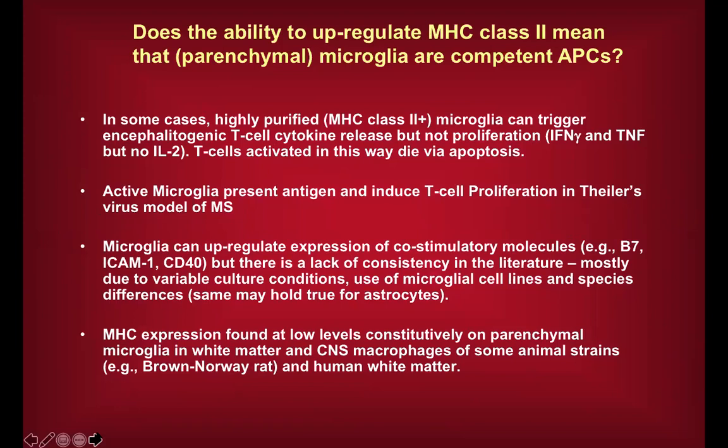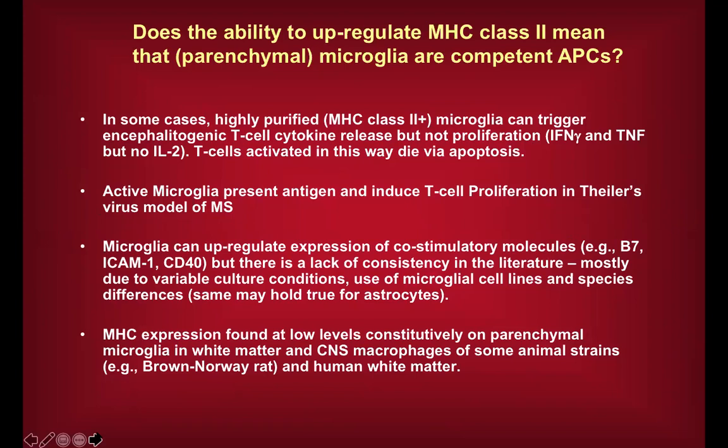So the fact that microglia have MHC class 2 expressed and they have that transactivator switch, does that really mean that they're competent antigen presenting cells? Because again, if you don't have all the proper co-stimulatory signals, you get what's called T cell anergy. So there are some situations that we've seen in vivo where microglia can present antigen and cause T cell proliferation.